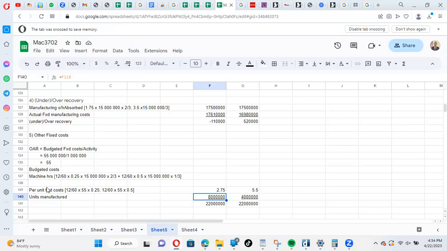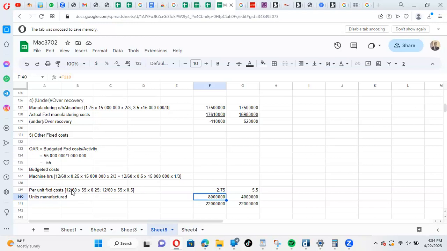And then when you look at the per unit fixed cost, we first used our 55 million there as our budgeted fixed cost. And then our activity level was 1 million. So that is where this overhead absorption rate of 55 is coming from. Then we put that 55 there to get the per unit cost.